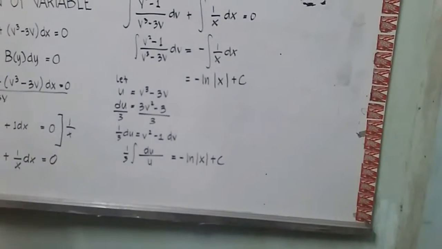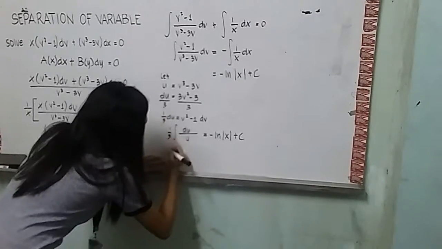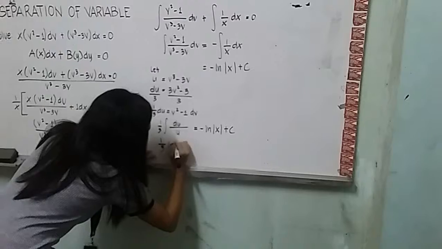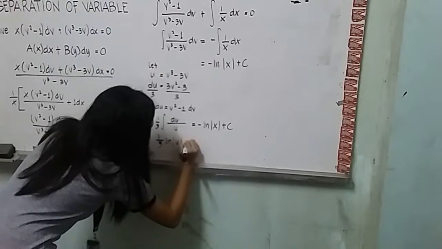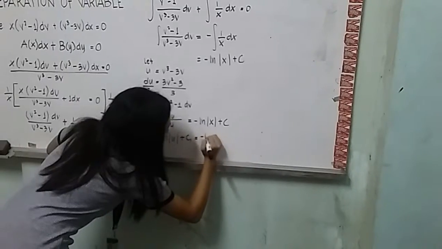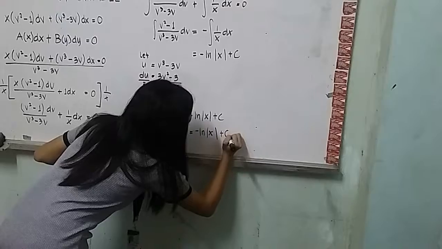So, we will integrate this one, so it will become 1/3 ln u plus c1 equals negative ln x plus c2.